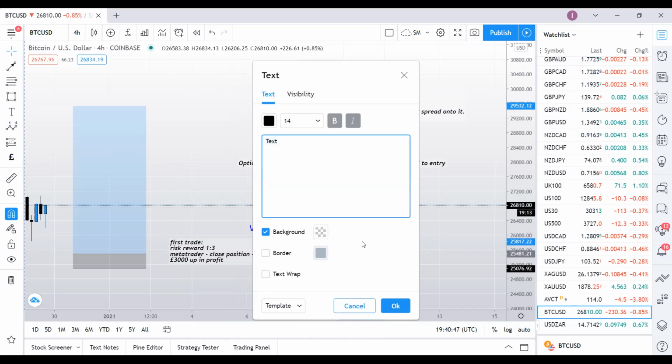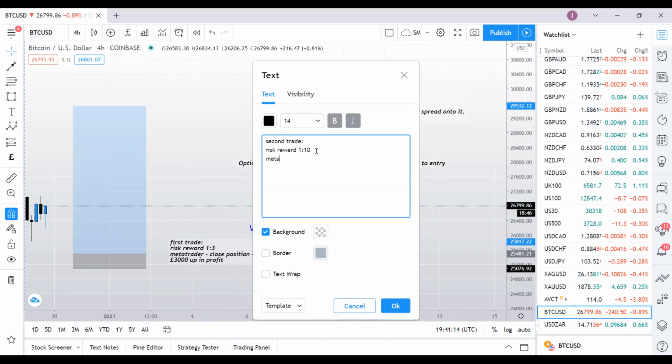So now this is the second trade. We're going to continually run it and hopefully it works out. We're going to take this to the 1 to 10 risk reward, all the way to the top. And let's say hypothetically it comes into place. This time on MetaTrader, you close the position once it gets there.